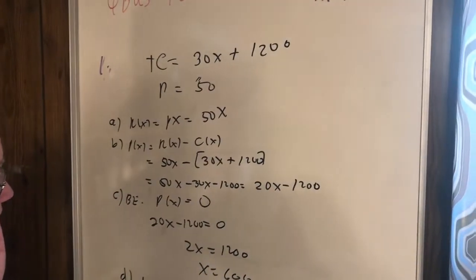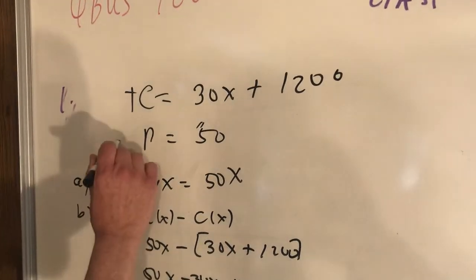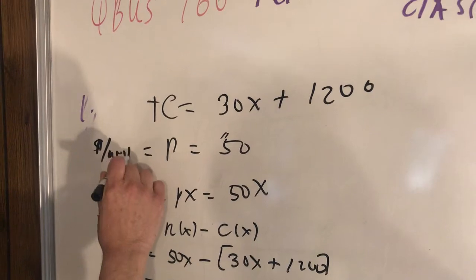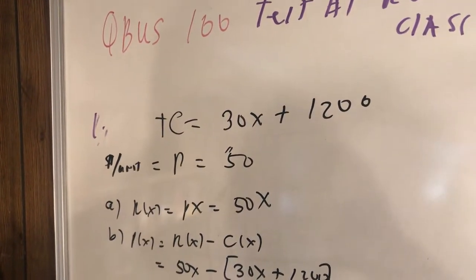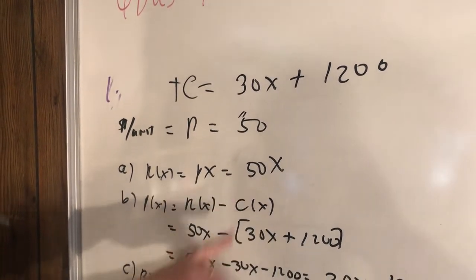Total cost is 30x plus 1200. Price per unit, this is dollars per unit, is $50. That means you're in a competitive market. The revenue is always P times X, whatever P is, 50x.